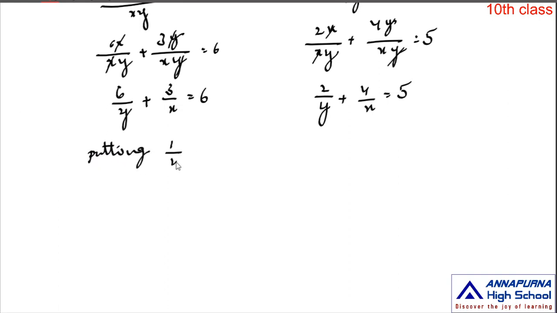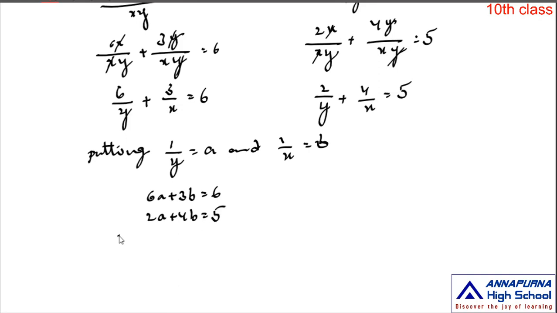Now putting 1 by y is equal to a and 1 by x is equal to b. Okay, now the two equations change to 6a plus 3b is equal to 6 and 2a plus 4b is equal to 5. So this is the first equation and this is the second equation.